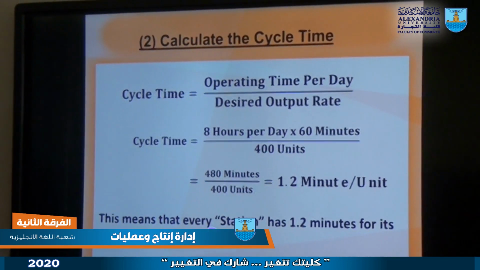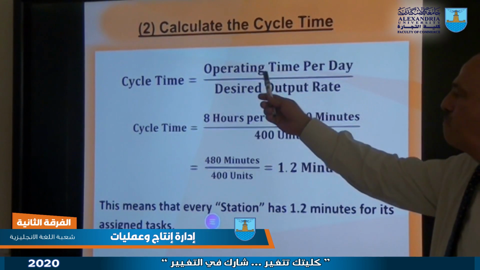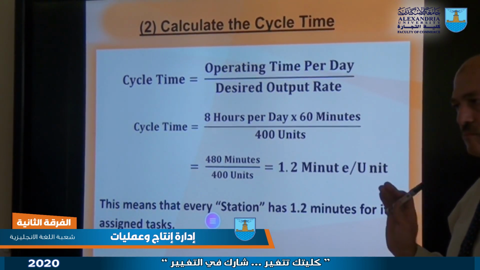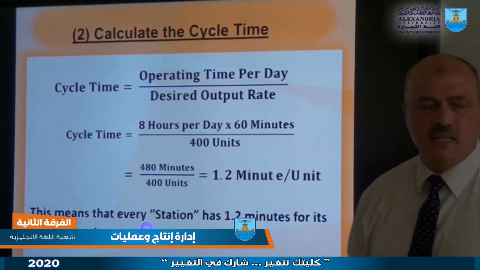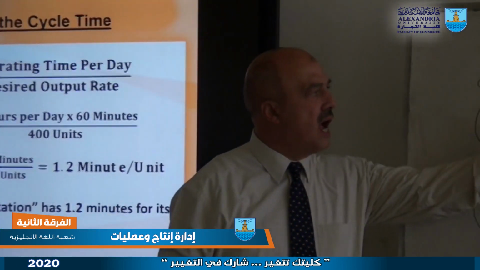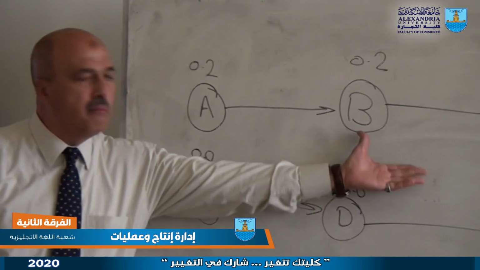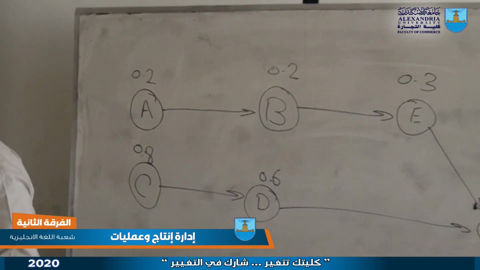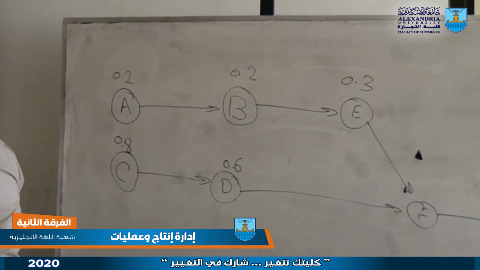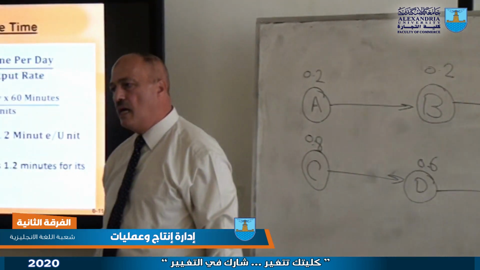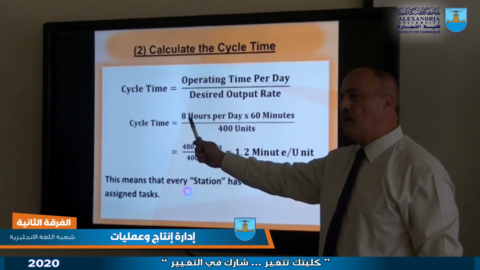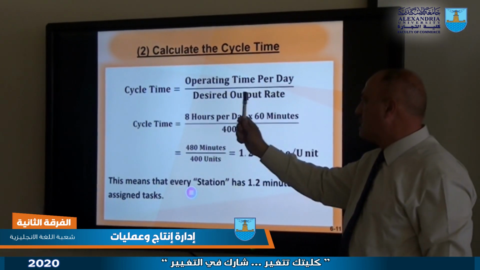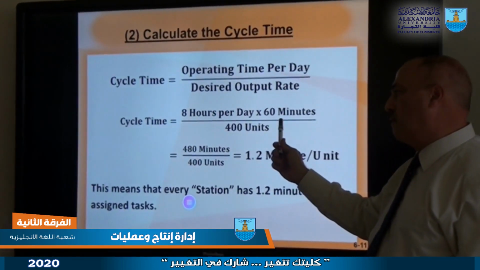Cycle time is the operating time per day, in minutes. Why in minutes? Because the task time is in minutes. So operating time per day in minutes. We are working 8 hours per day, 60 minutes per hour.